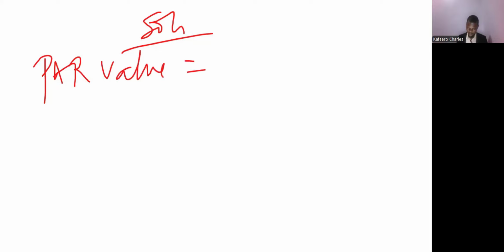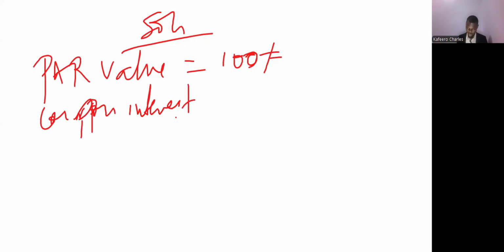So solution, let's first see what we have. We have the par value. The par value as 100. We have the coupon interest rate of 5%. So we need to first get what is the interest.